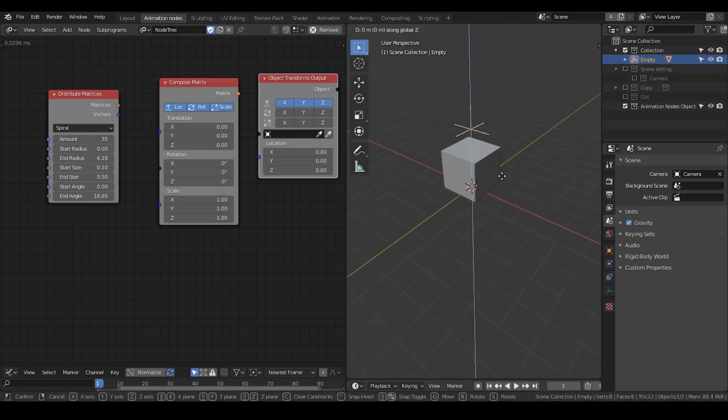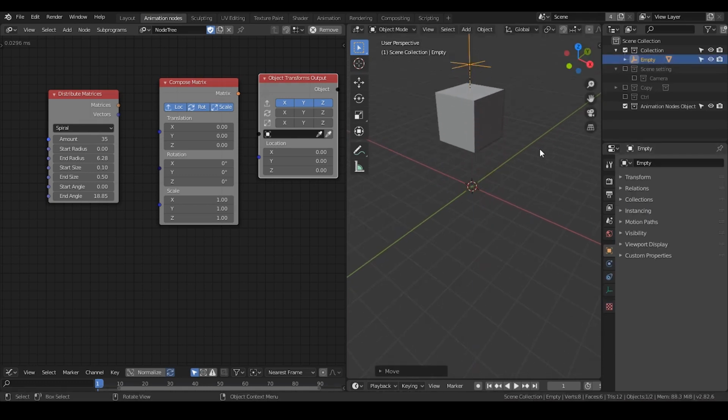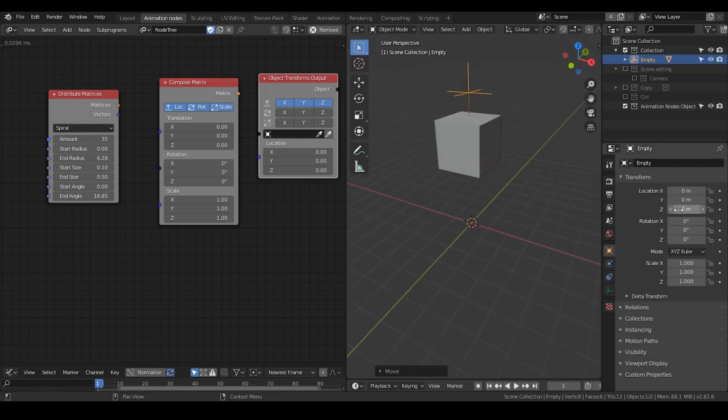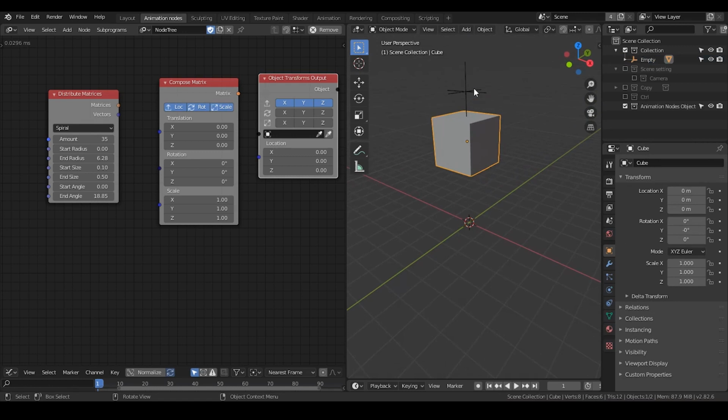And if I'm lifting these empties, you can see the transform of these empties is very high, like 6 meters on the axis. But if we take a look at this cube, because it has been parented to these empties, it seems like this cube has not moved relatively, and its location is 0, 0, 0.